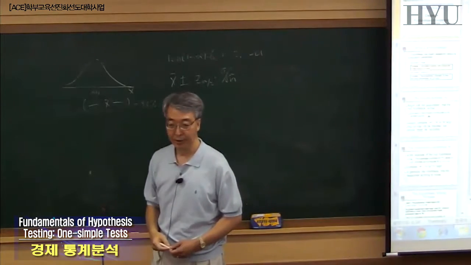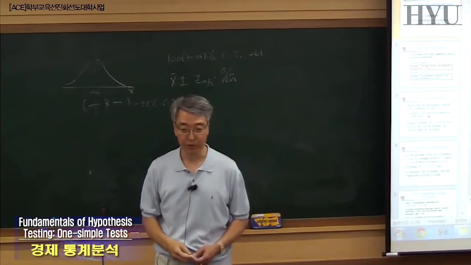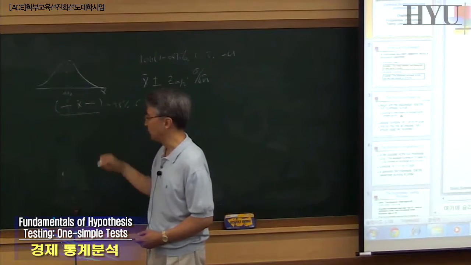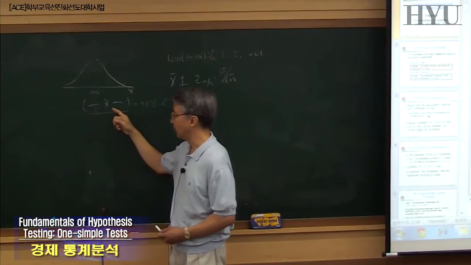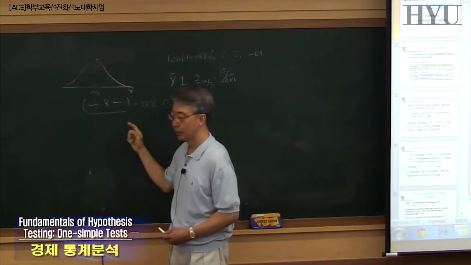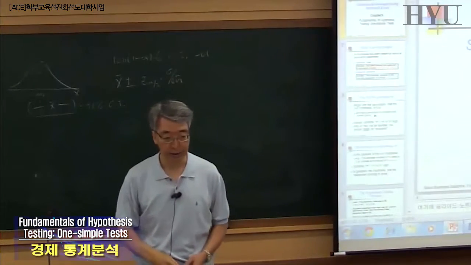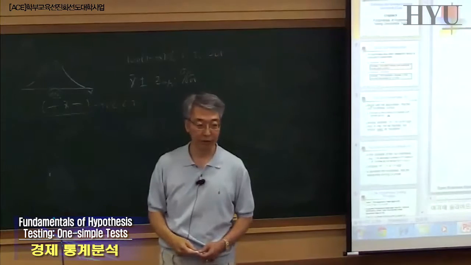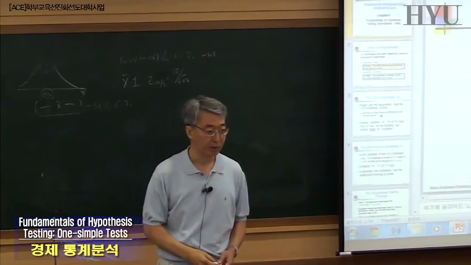Then you have no way to argue or dispute it. Because the typical interpretation of this confidence interval is you are 95% confident that the actual population mean exists between these two numbers. If someone claims that the population mean is exactly a certain number, then that person might be correct.